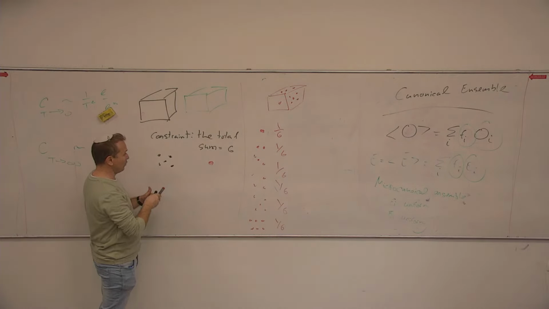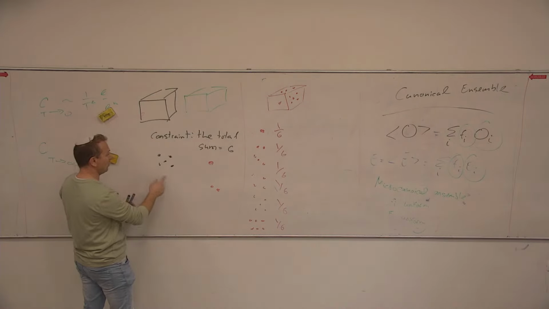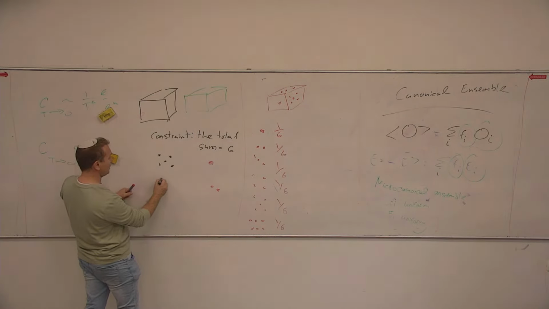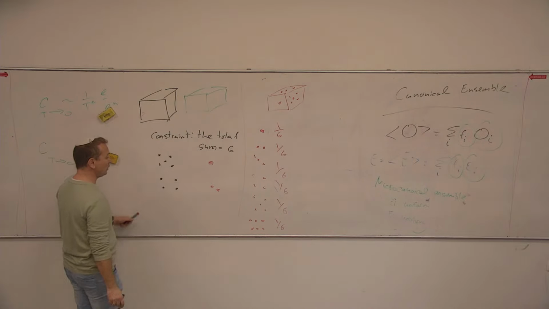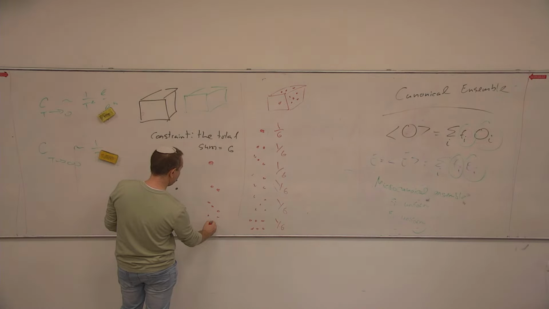If the outcome of the green dice is 2, the outcome of the black dice is going to be 4. And in total, I can count this. I can do this for 3, and I can do this for 4, and I can do this for 5.